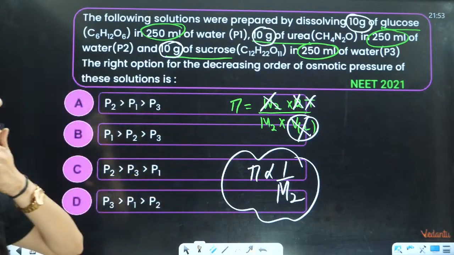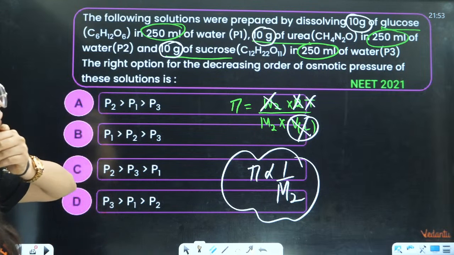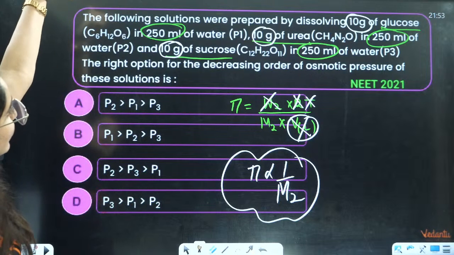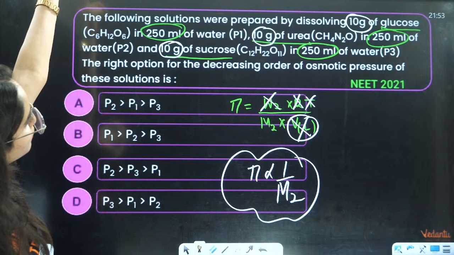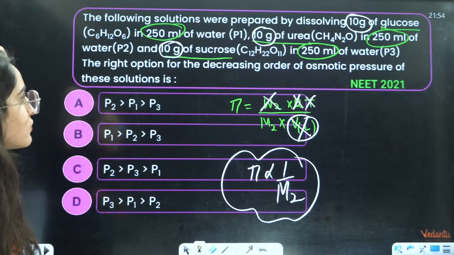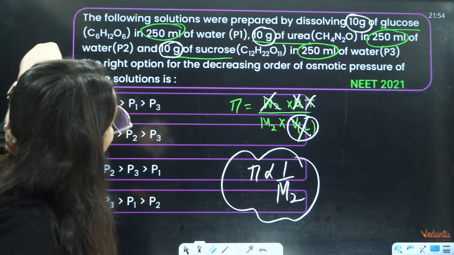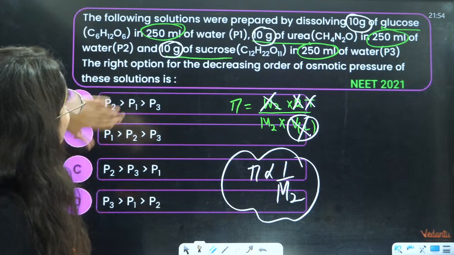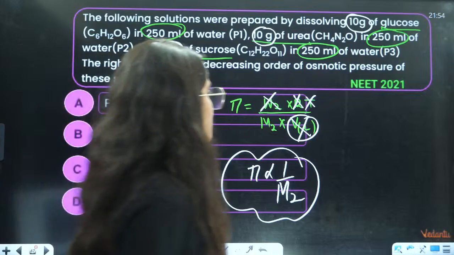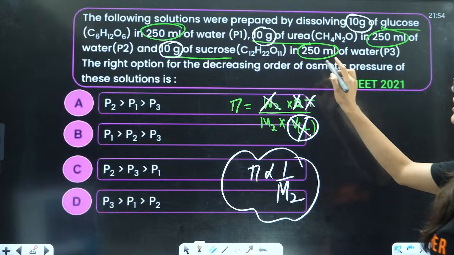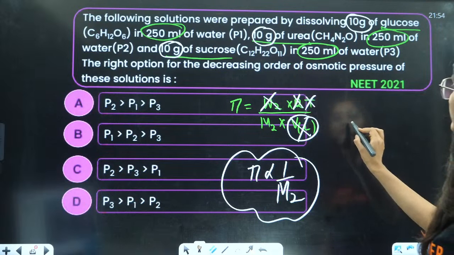So we just have to see the mass of the solute. Sucrose has more mass. Sucrose means the third one.